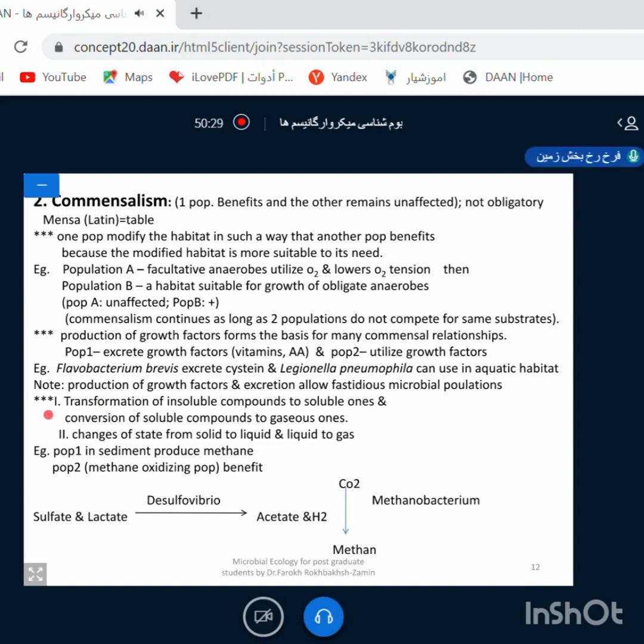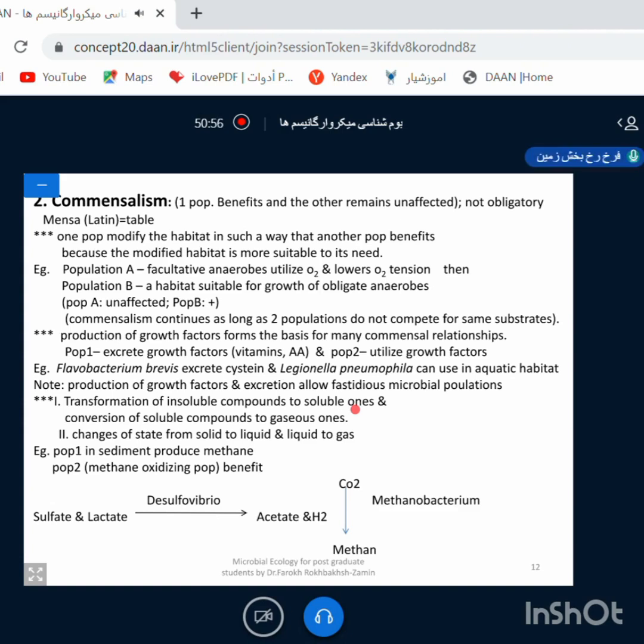Another example. Transformation of insoluble compounds to soluble ones. You know bacteria don't have a mouth. They receive soluble food by diffusion, by active transport.